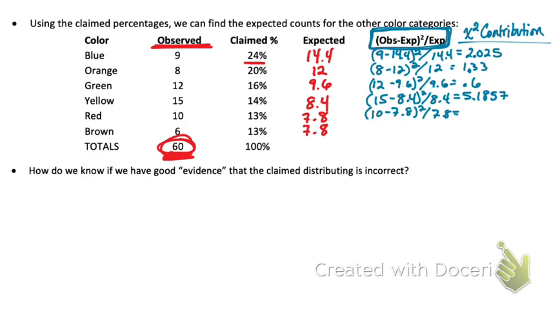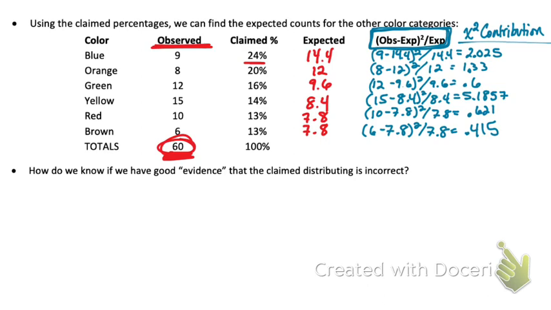Chi-squared contribution for red, 0.621, and the chi-squared contribution for brown is 0.415. Everybody good? Okay.